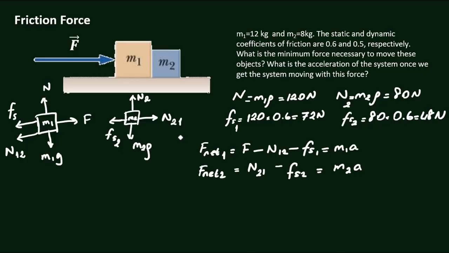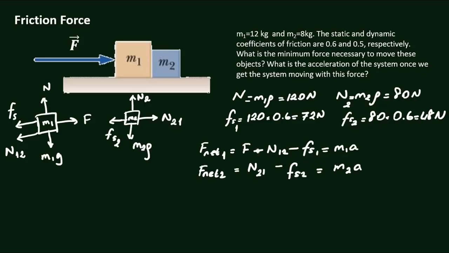The force on M1 by M2, this N12, and the force on M2 by M1, this N21, the normal force between these two objects, they are the same value but opposite directions. This is Newton's third law, action-reaction. These two forces are the same magnitude, opposite directions.